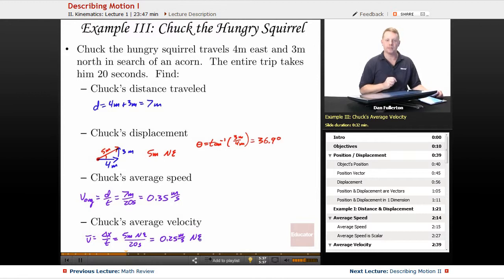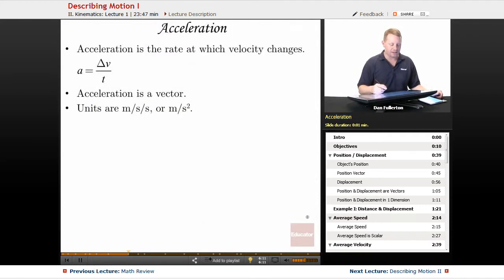It needs a direction, northeast. Subtle differences. You really have to know what you're talking about and read carefully when you get into distance, displacement, speed, and velocity considerations.